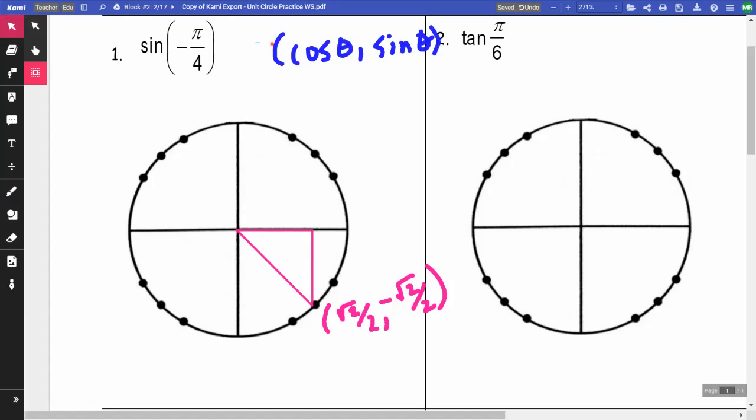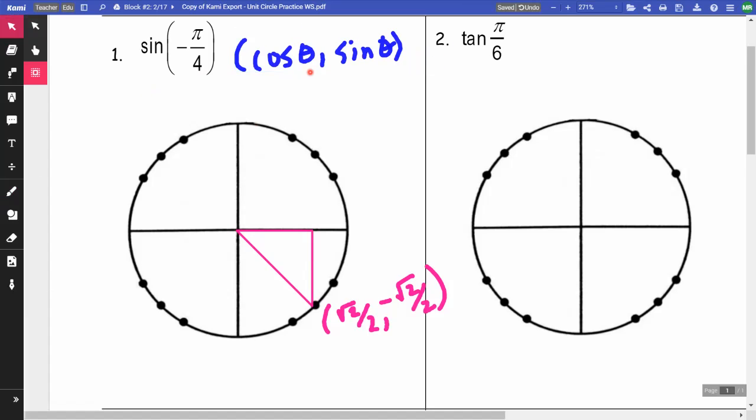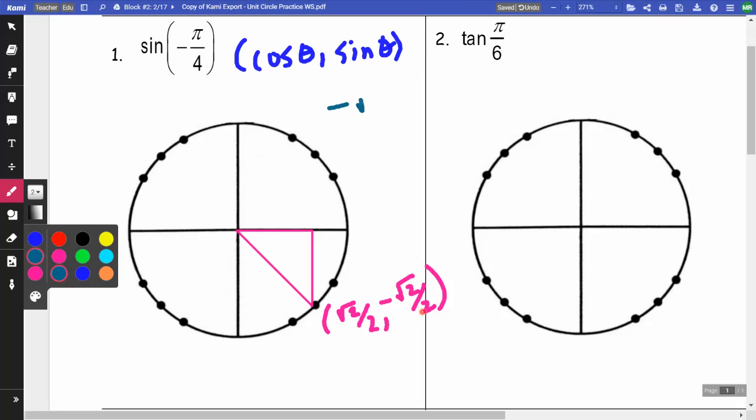I'm going to move that so it's not on top of that there. So your cosine is your x, your sine is your y. Since we want sine, we want this one right here. So our answer to this question is going to be negative √2 over 2. That is what sine of negative pi fourth is.